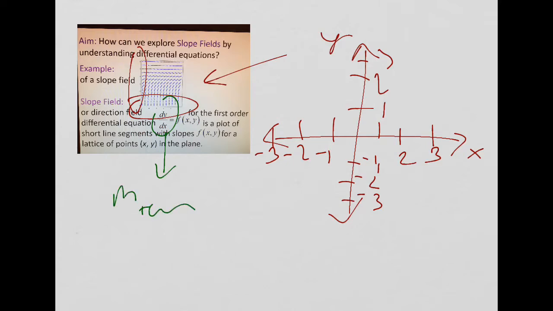So a slope field actually draws in what the slope of the tangent line would look like. For example, if the slope of your tangent line is 0, then you're seeing horizontal line segments for every x value where the slope of the tangent line is 0.